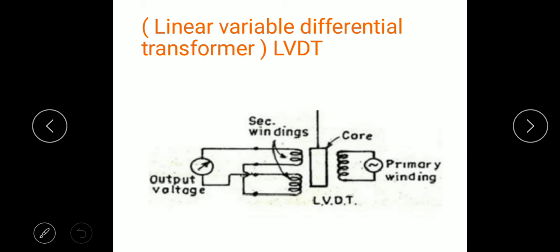Under the working, when the AC supply is given to the primary winding P1, then due to the alternating current the magnetic field will generate in the P1 coil. We can see this is the cylindrical portion.